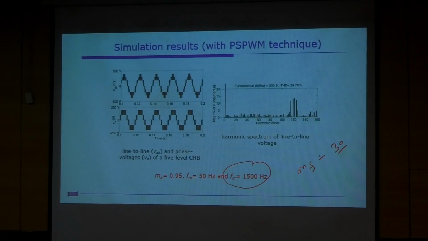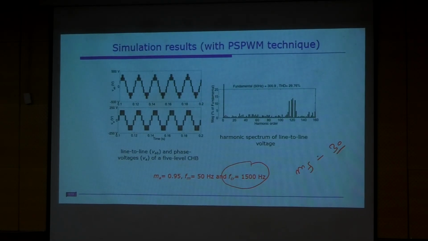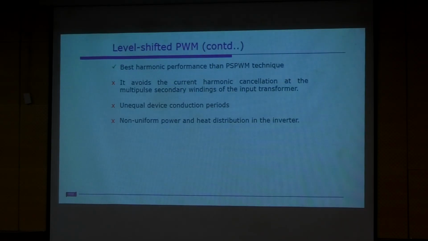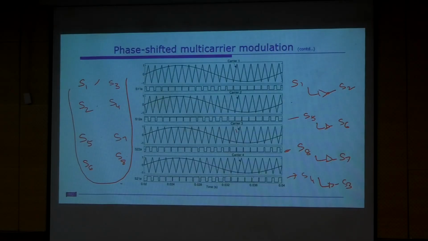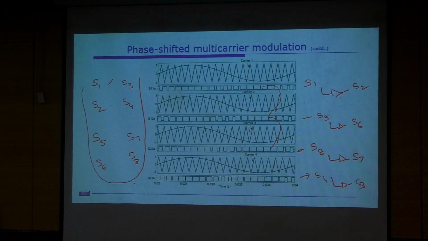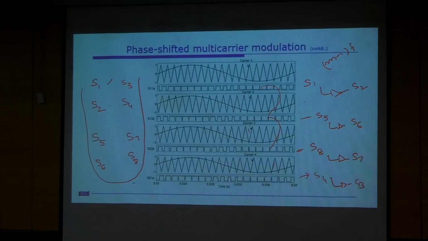Same thing here. In the phase shift PWM technique, all the switches operate at the same frequency, so all switches are on and off at the carrier frequency. Therefore the effective frequency is equal to m minus 1 times FCR. This is the inverter frequency.